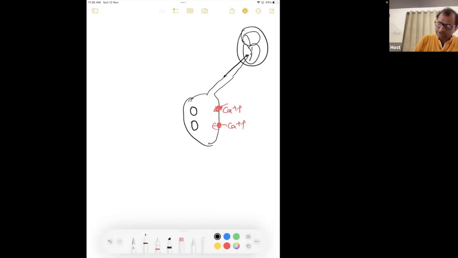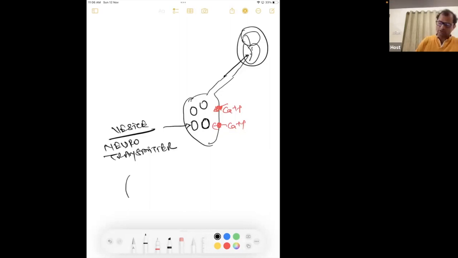We already know there are vesicles inside, having the neurotransmitter acetylcholine. We already discussed this earlier. As soon as the vesicles see the calcium, wow, they smile. So the vesicles are smiling, and they are welcoming the calcium. Please come and attach with me.